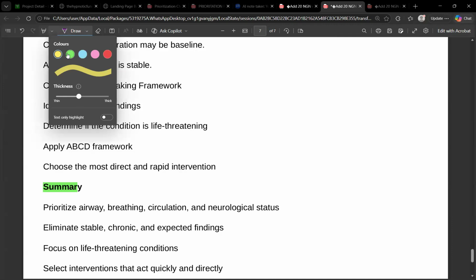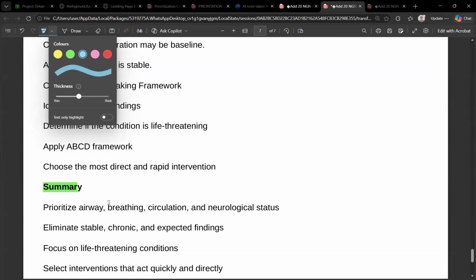You need to understand correctly the priority need, priority care, priority action, or which patient we should meet first, or which patient needs immediate action first. Also what the expected findings are, what the stable patients are, which patient can be seen later, and which patient needs attention for a safety issue or neurological issue.